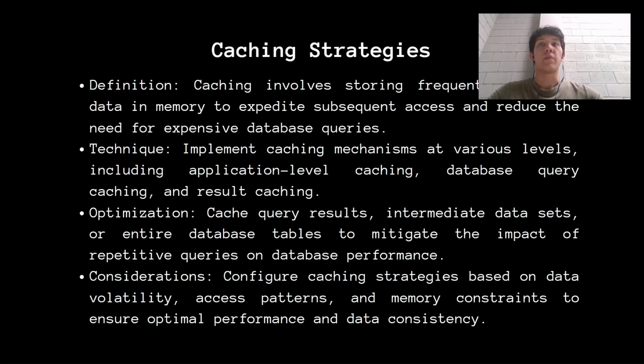Optimization is that we cache query results, intermediate data sets, or entire database tables to mitigate the impact of repetitive queries on database performance. But we should configure caching strategies based on data volatility, access patterns, and memory constraints to ensure optimal performance and data consistency.